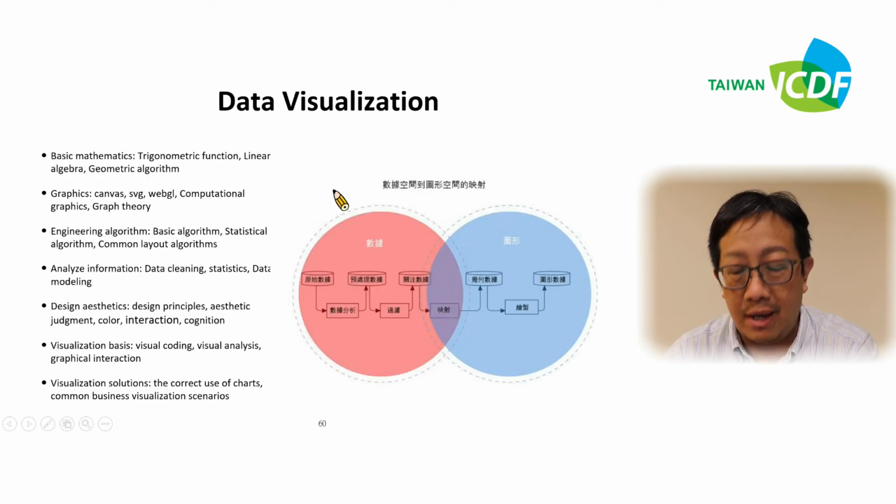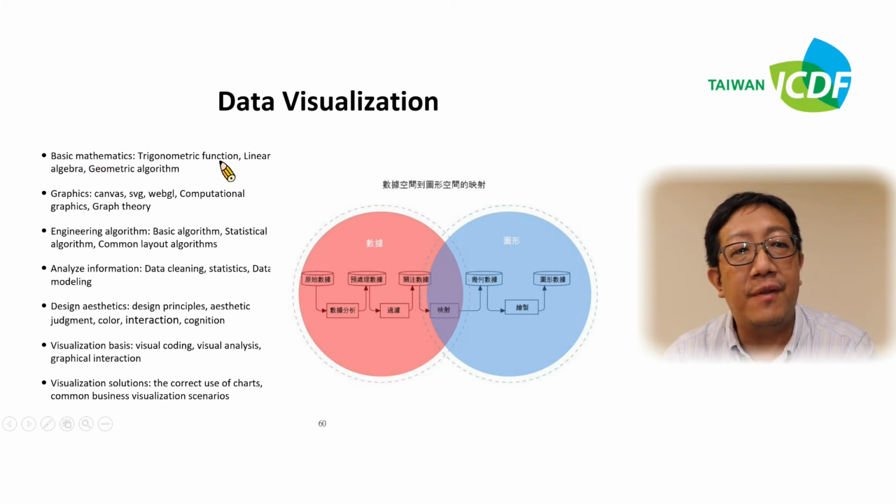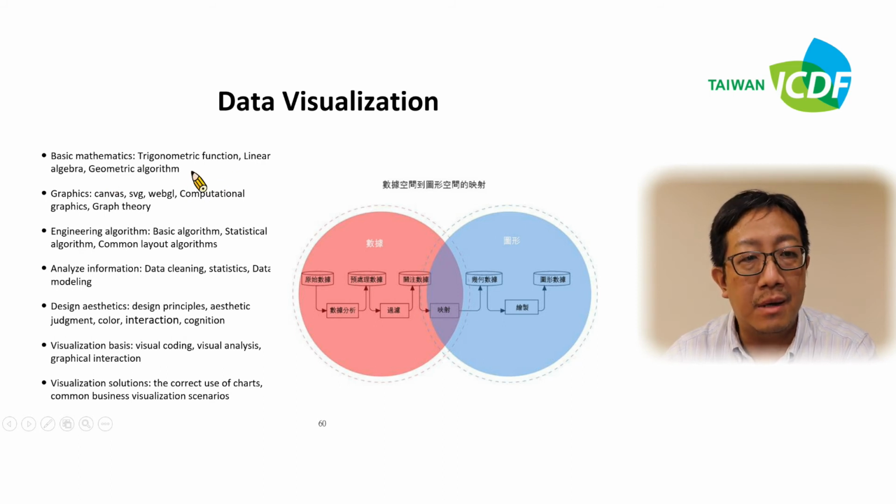And the very, very important part is the data visualization. Most of the time, we will have the basic mathematics display, with functions, linear algebra, and algorithms. Or we can have the graphical canvas, like web pages and computational graphics. And we will have the engineering algorithms, like statistical algorithms or common layout algorithms. And we will analyze information, like data cleaning, statistics, and data modeling.